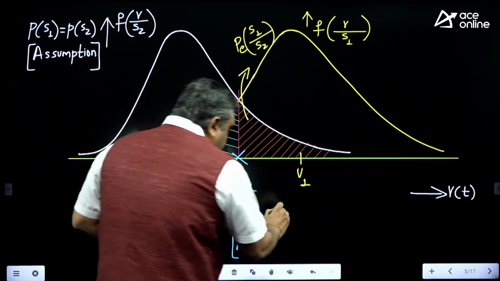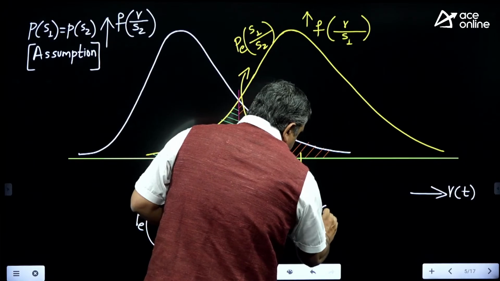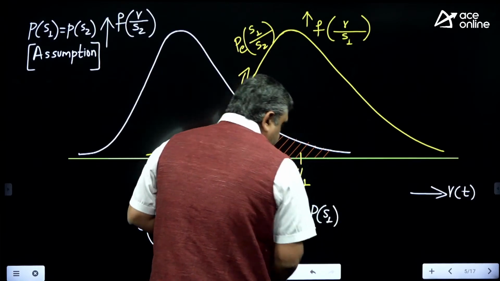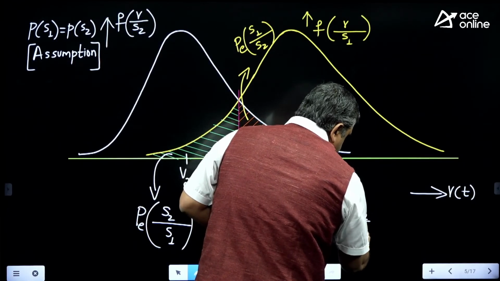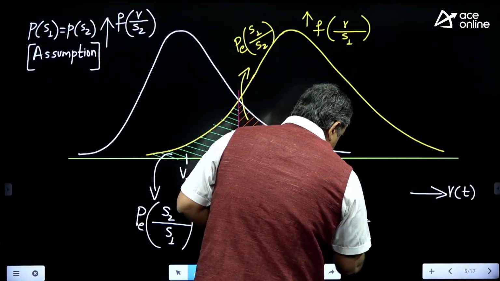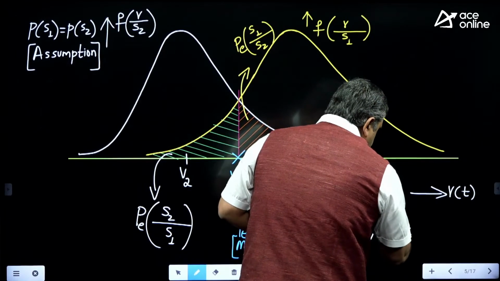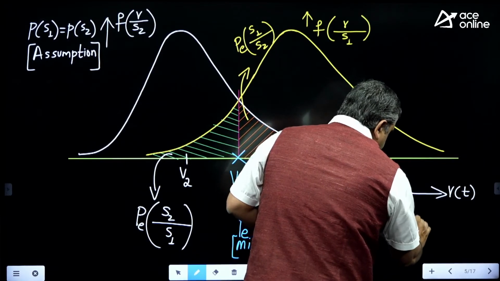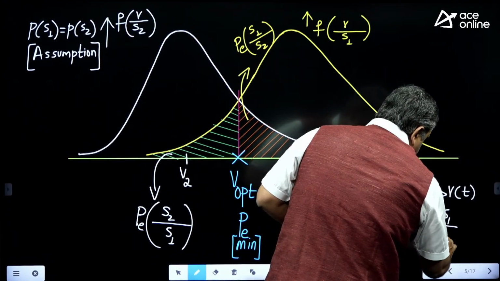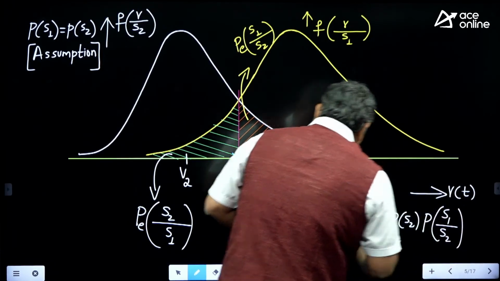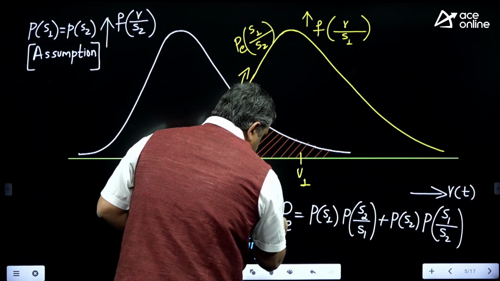So what is your total probability of error? P of S1 means you have transmitted S1, and the probability that S1 transmitted is decoded as S2, plus you have transmitted S2, S2 transmitted decoded as S1, that is S1 given S2. Finish. So this is how you can calculate the total probability of error.